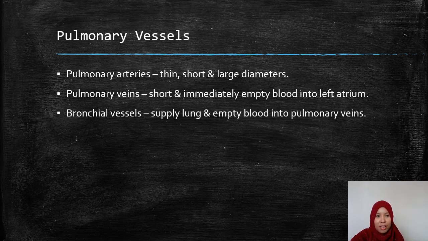The ones that come to your lung are what we call the pulmonary arteries, and the ones that come out from your lung are what we call the veins. So this is a difference from the heart. The pulmonary arteries are thin and short, and the pulmonary veins are short, and they immediately empty blood into the left atrium.